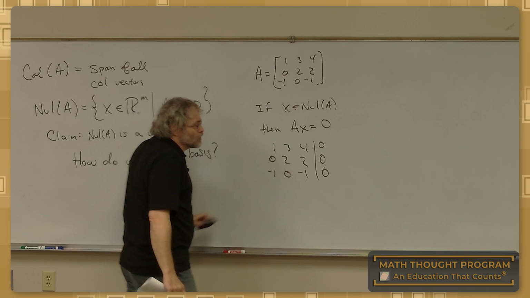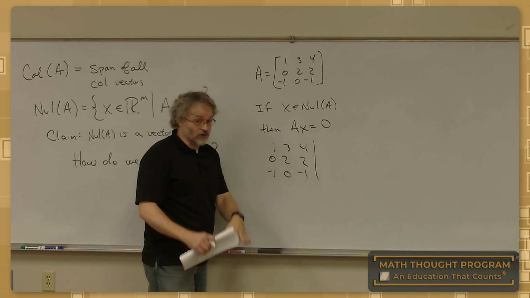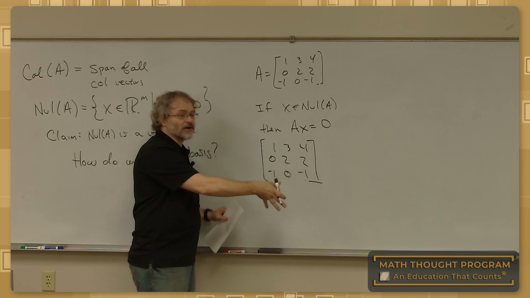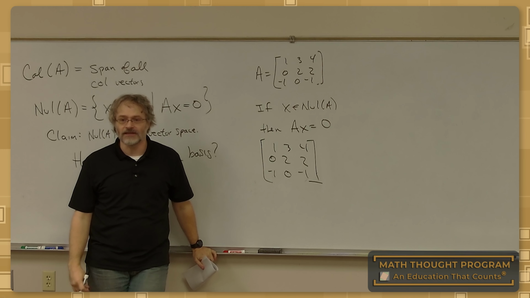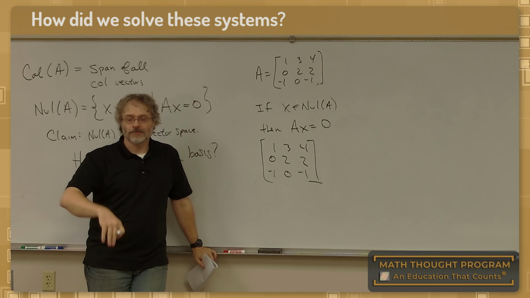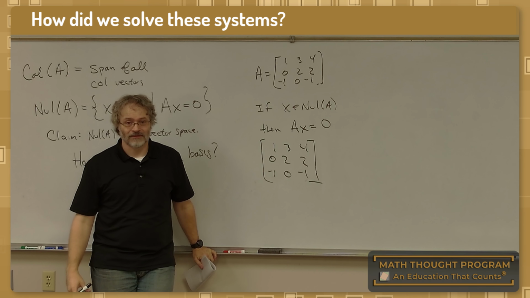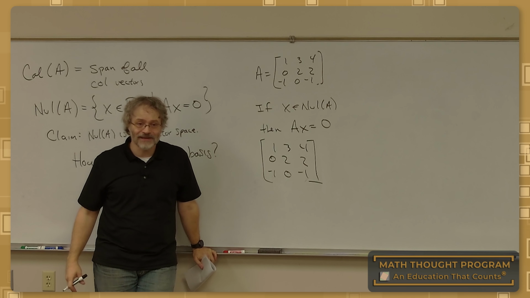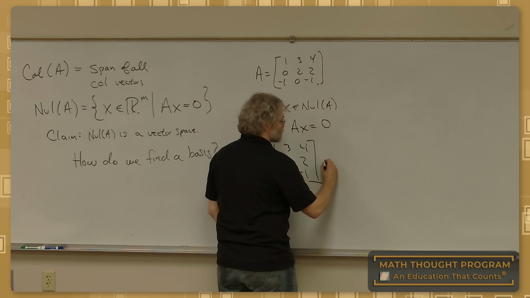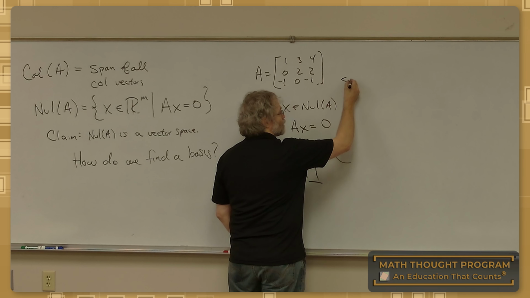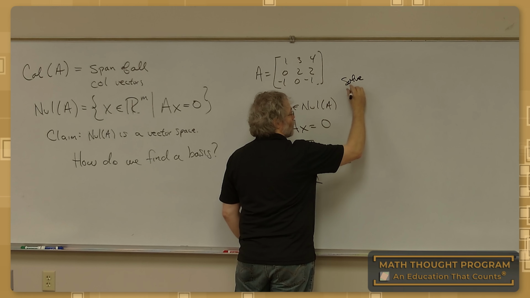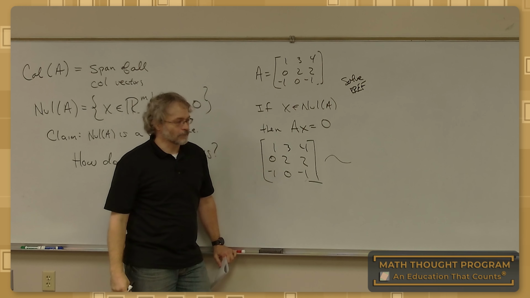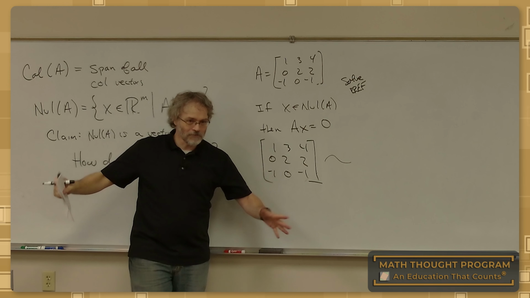So what I could do instead is I just forgo that column, noting that it is there. I just want to interpret it in the very, very end. Take this and solve. How do you solve? Put into RREF. So when you hear the word solve, solve again, synonymous with RREF. Row reduced echelon form.